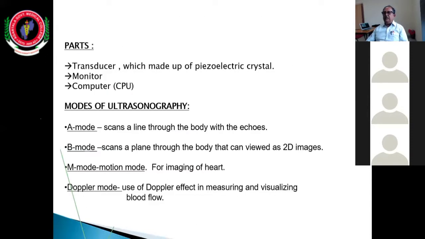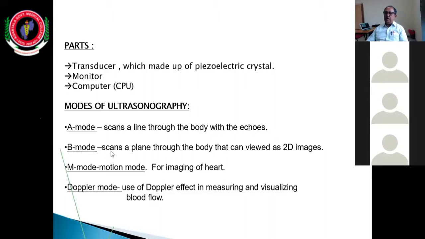Now, what are the modes of ultrasound? There are four modes of ultrasound. A mode scans through the body with the echo, and A mode ultrasonography is mainly used to image the orbit, pathology of the orbit.